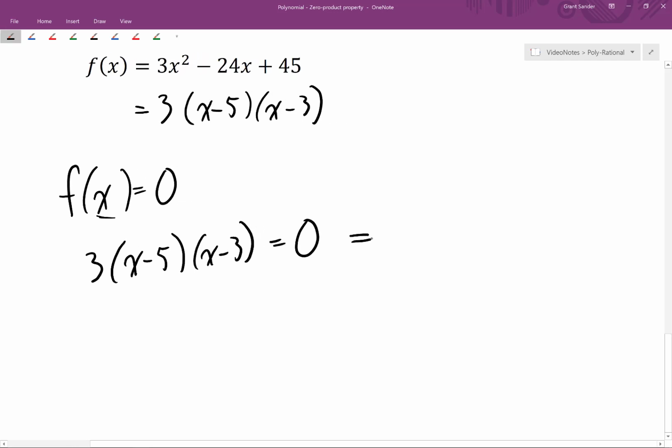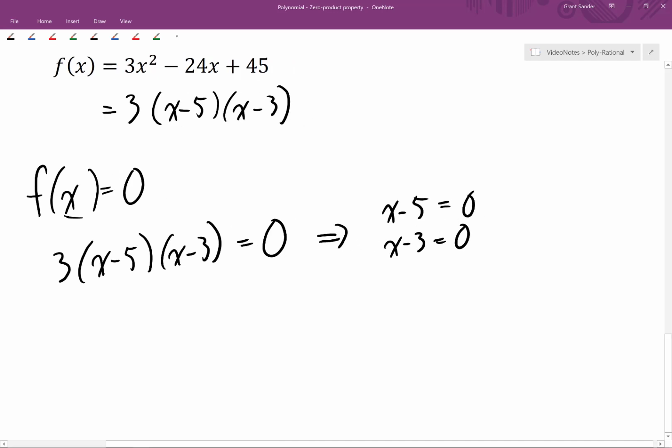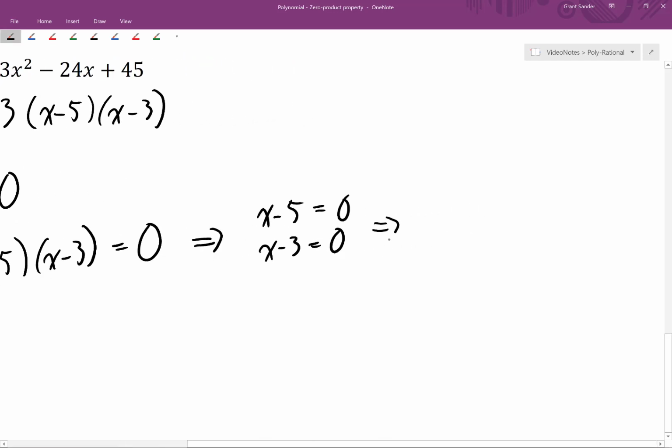So this tells us that either x minus 5 equals 0, or x minus 3 equals 0. And if either of those things are true, then x was equal to 5 in this first case. So in this first equation, if x minus 5 equals 0, then x was equal to 5, or x was equal to 3. So in the second case, if x minus 3 is equal to 0, then x had to be equal to 3.